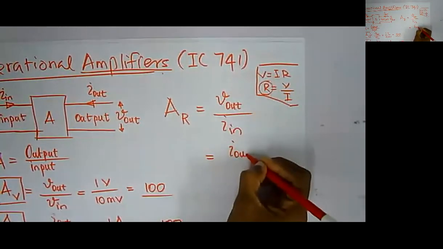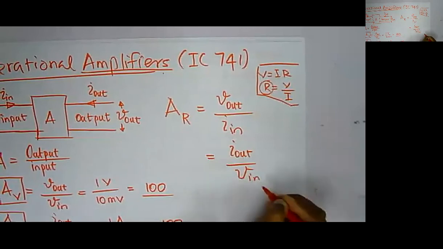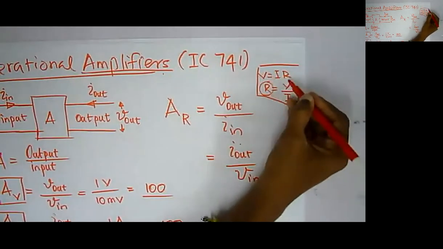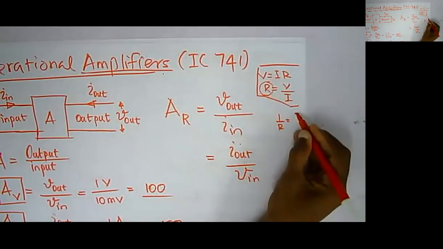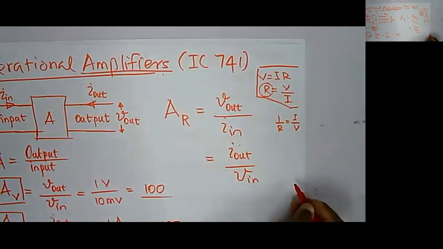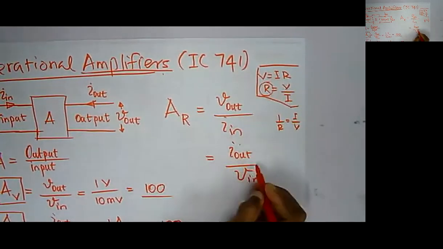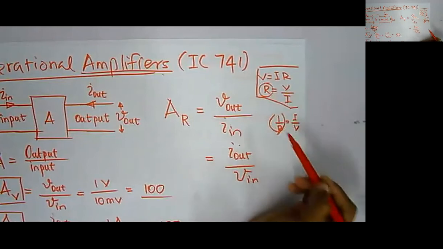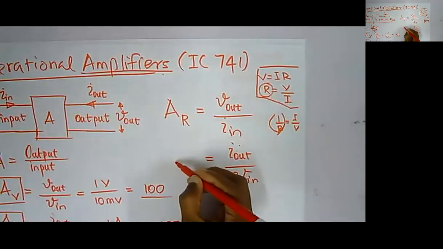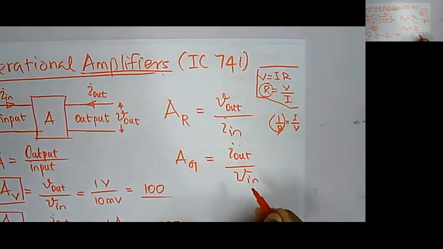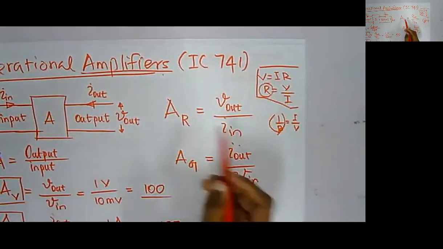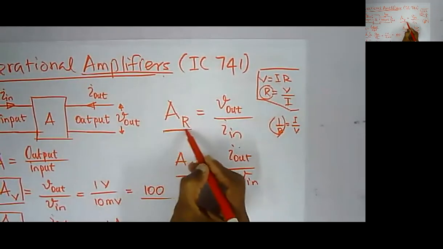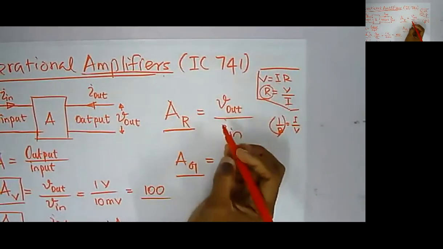If your output is current and input is voltage, then using Ohm's law that becomes I by V. So I can make it 1 over R equals I by V. The dimension of this gain will be 1 over R, which is conductance. R is resistance, 1 over R is conductance. So we can write it as A_G, transconductance. This is transresistance, this is transconductance.